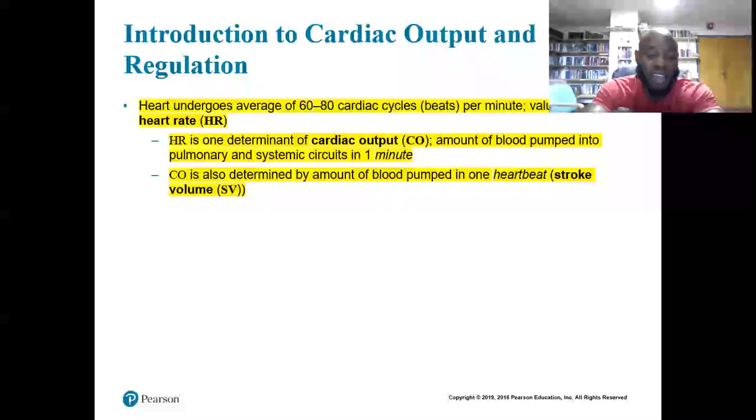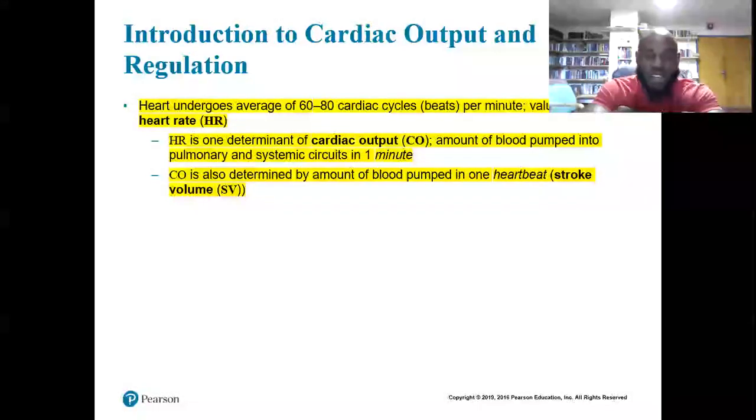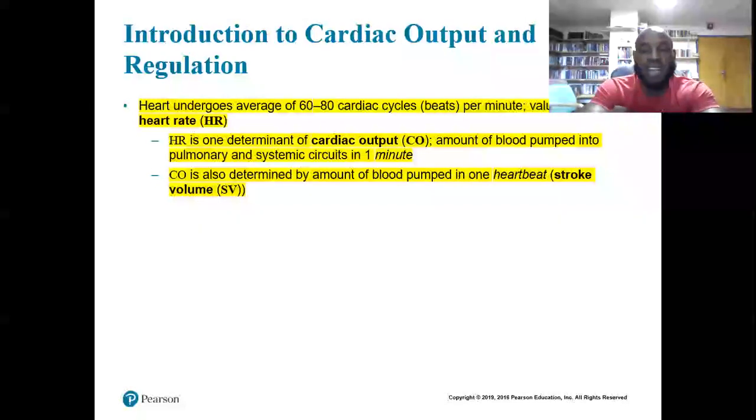So when you're laying down, it's usually at its slowest, unless you're stressed about something. And when you're moving around, standing up, picking up things, moving boxes, running around, going up steps or up hills, which are high demand activities, it's going to be higher.